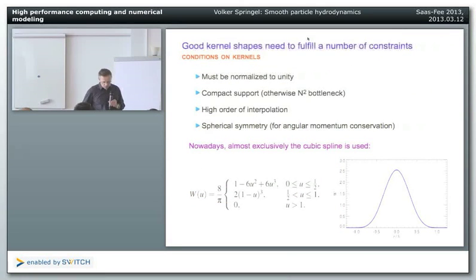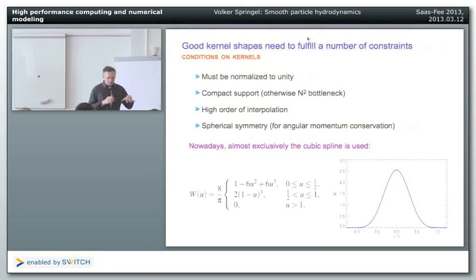So here are some conditions on the kernel. It must be normalized to unity. It is better if it has compact support. This is not a strict must, but if it has compact support, this means the number of neighbors around your point is finite, and it's not equal to the whole number of points you have in total.